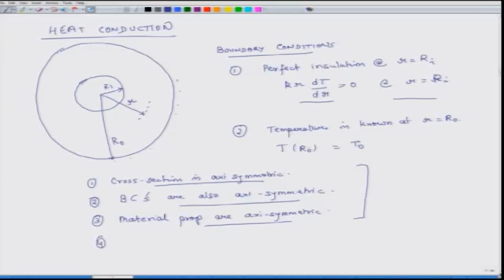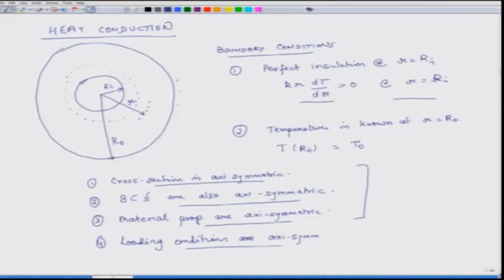And fourth is loading conditions are axisymmetric. So this is the fourth condition. What do I mean by loading condition? In the volume of this pipe, in some locations heat is being generated, maybe heat is getting generated at, say, r equal to r_H, but it is getting generated in an axisymmetric way at a particular radius.